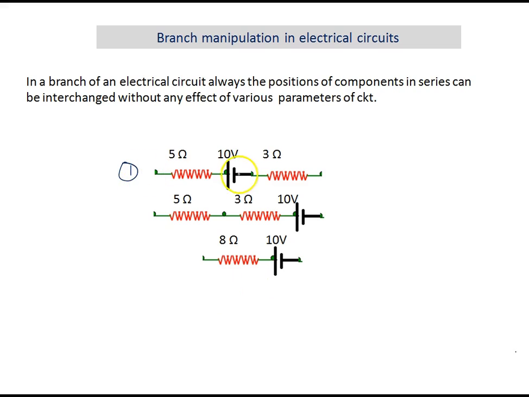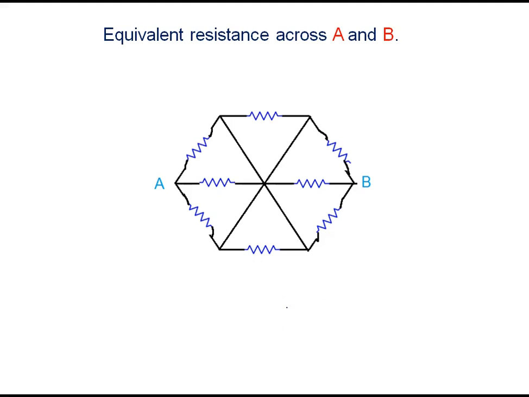So 5 and 3 is 8, and that is 10. If one more battery is there, we can see whether it is the same polarity or opposite polarity, and according to that we can convert this branch into a single resistance and single cell. Okay. Now, all of you calculate the equivalent resistance across A and B. First pause the video, apply your brain and solve it.